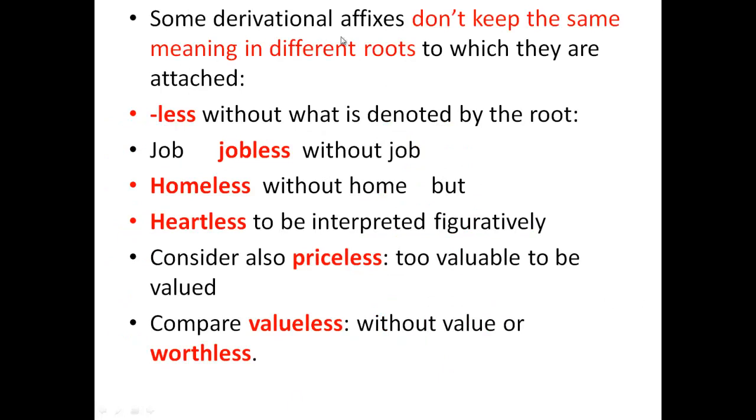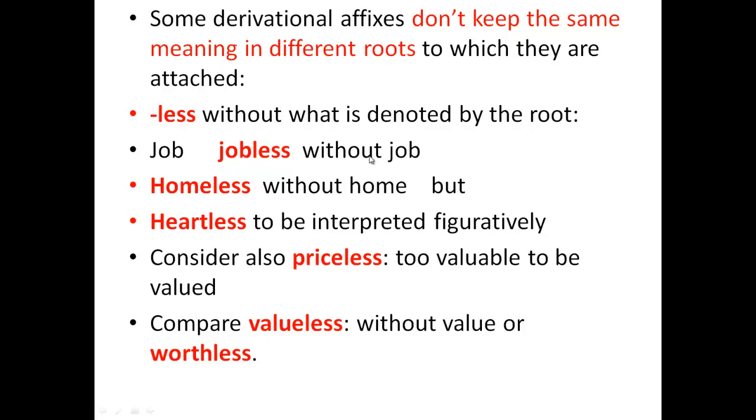Now, some derivational affixes don't keep the same meaning in different roots to which they are attached. For example, less. We know less is a derivational morpheme, and we know its meaning. It means without what is denoted by the root. For example, this is the root, job. We know the meaning of it. Now, when we add less to it, it means without what is referred to by the root, without job.